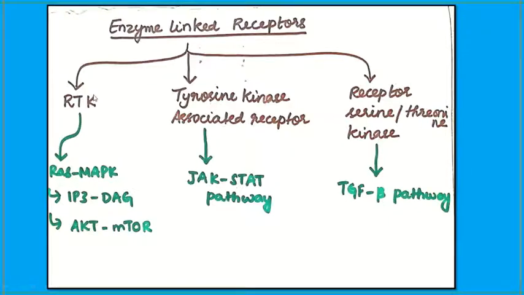There is further classification under receptor tyrosine kinase: you have the RAS-MAP kinase, IP3-DAG pathway, and AKT-mTOR pathway. In tyrosine kinase associated receptors, you have the JAK-STAT pathway, and in receptor serine threonine kinases, you have the TGF beta pathway. These are the pathways we are going to learn today.